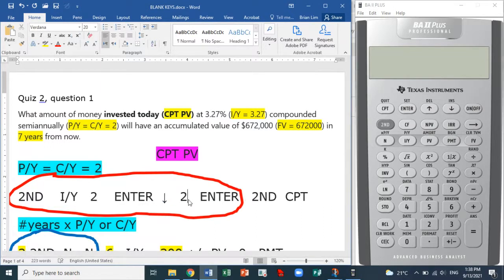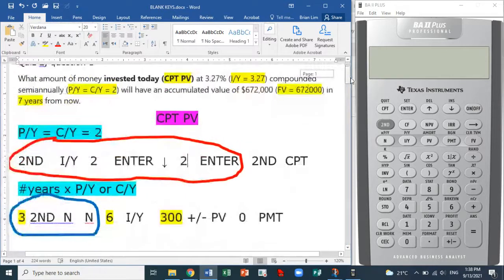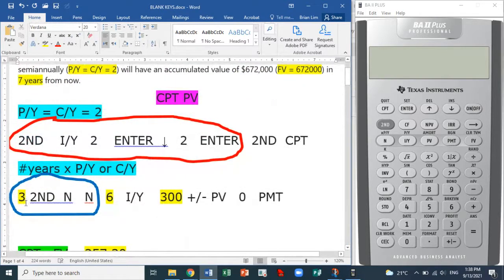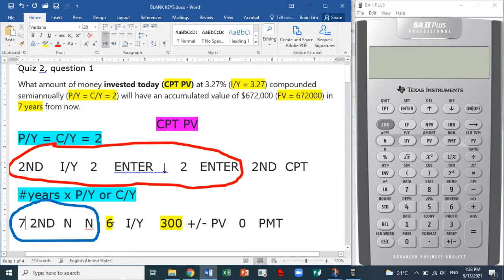Likewise, this number will change to 2. And here it is for 7 years, so this number will become 7. And the interest rate is 3.27, so this number here will be 3.27.